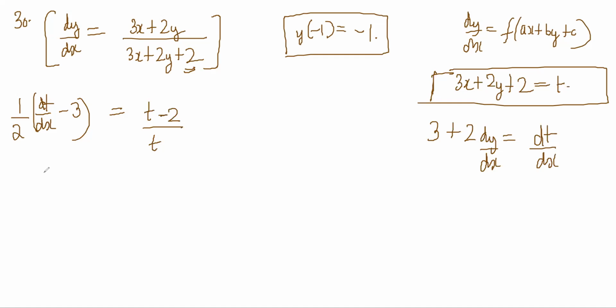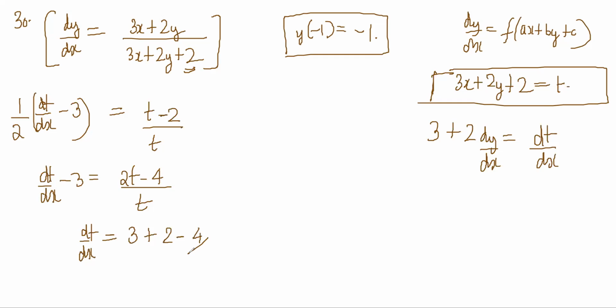So dt by dx minus 3 is equal to 2t minus 4 by t, and dt by dx is equal to 3 plus 2 minus 4 by t.